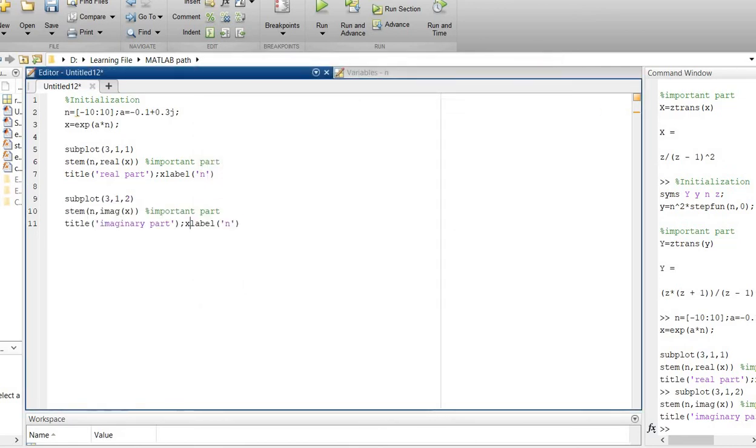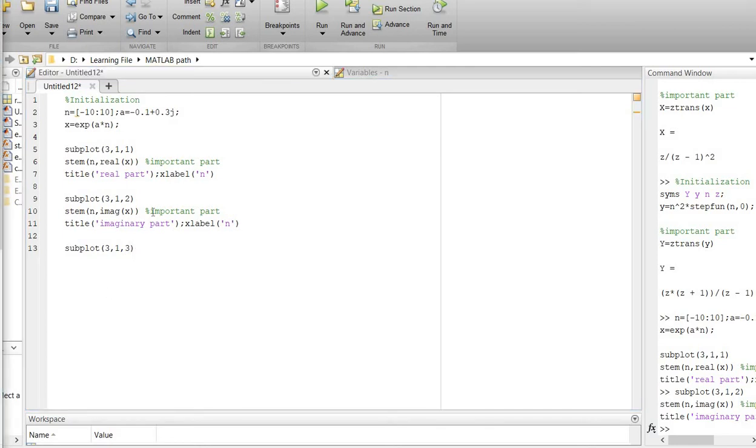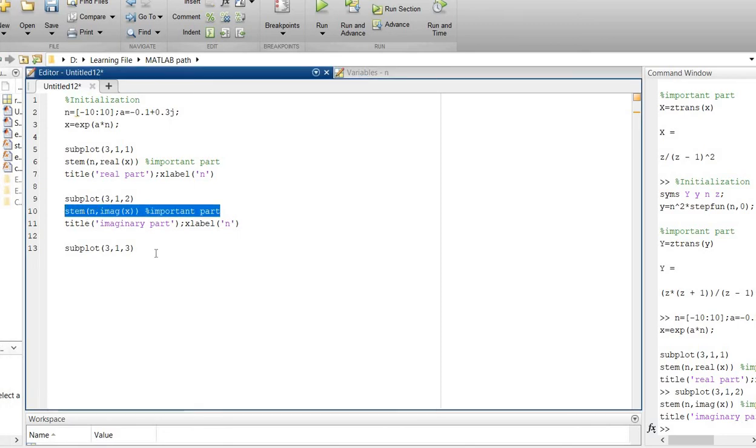Okay, and the third part would be the magnitude part. So just subplot. Let's just change it. And the same. It's also the important part. So as you can see, there are three important parts here.